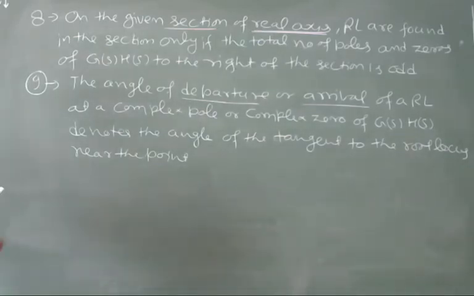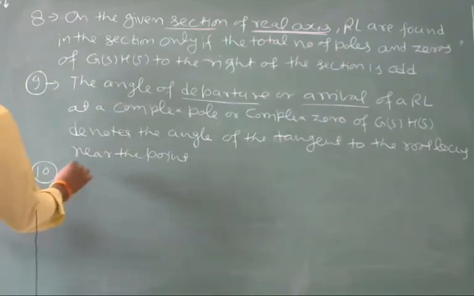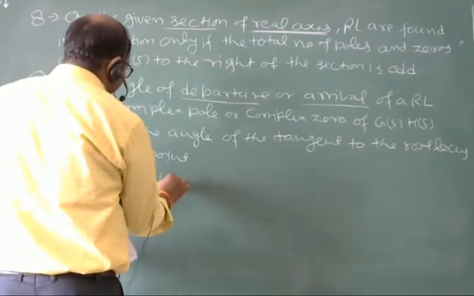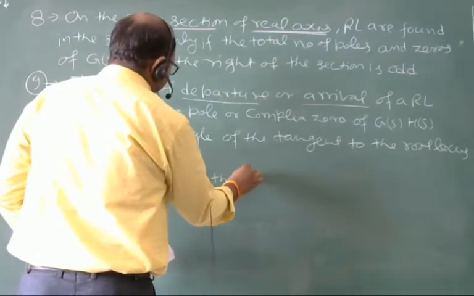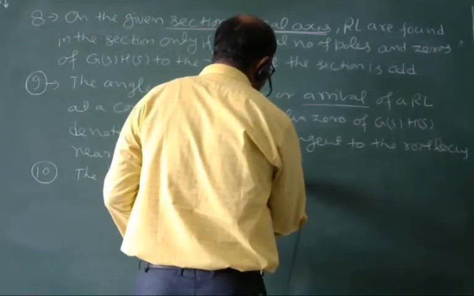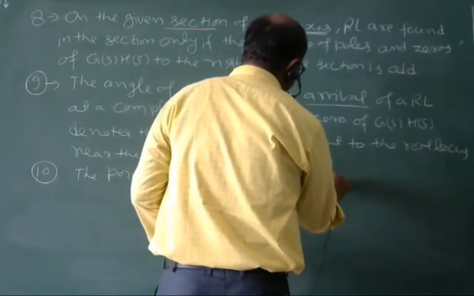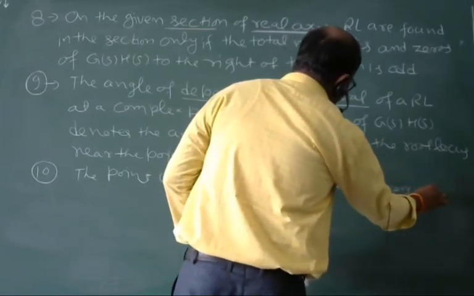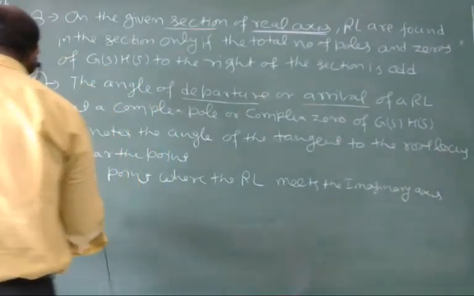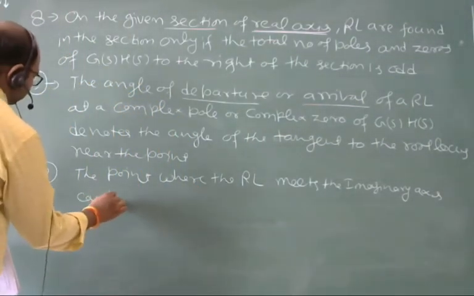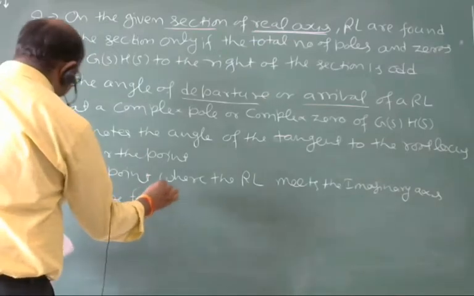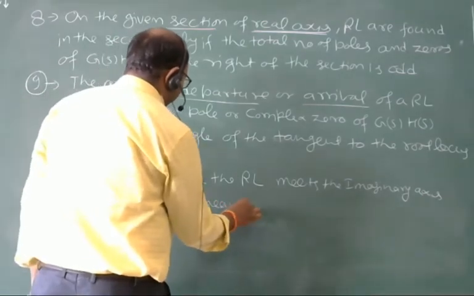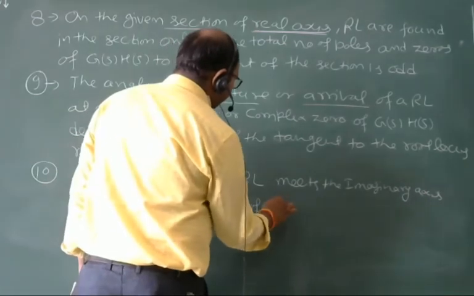Next is 10th. The point where the root locus meets the imaginary axis can be found by means of RH criteria.